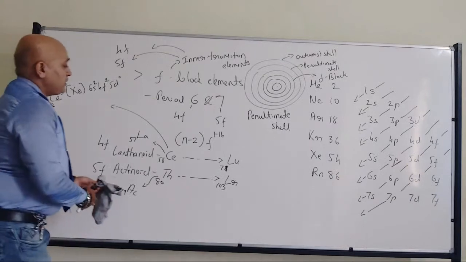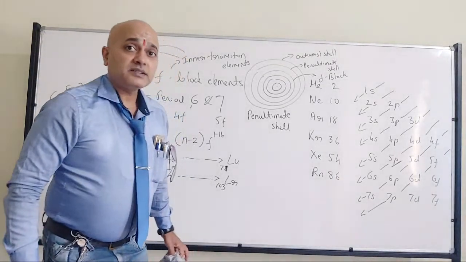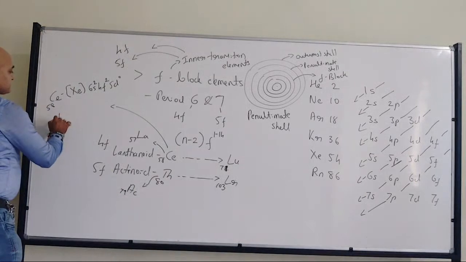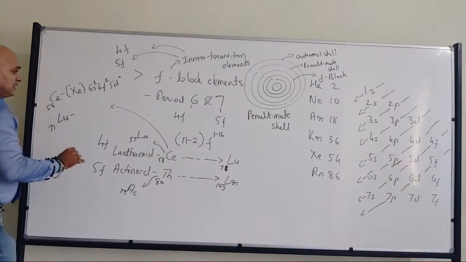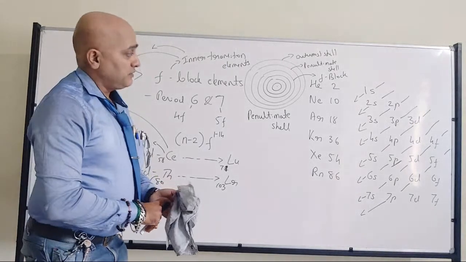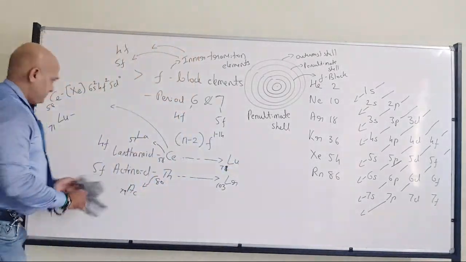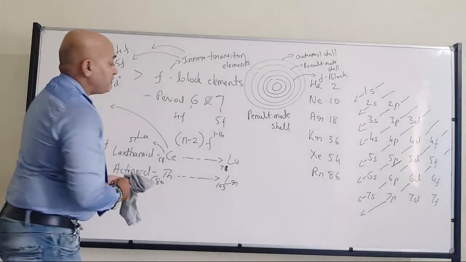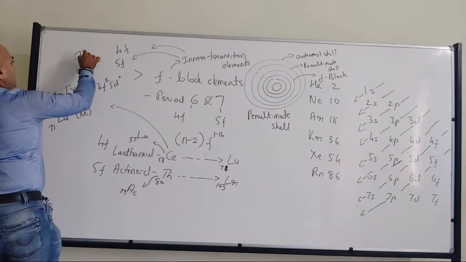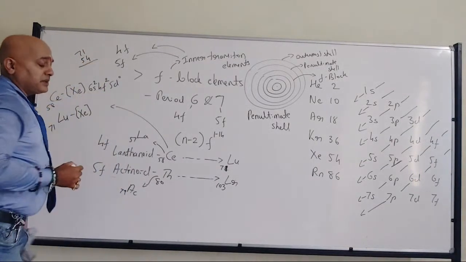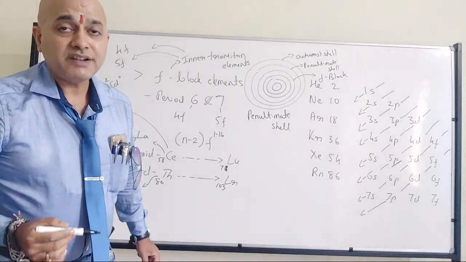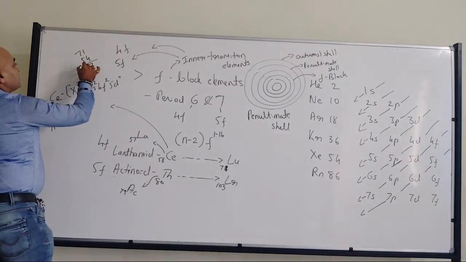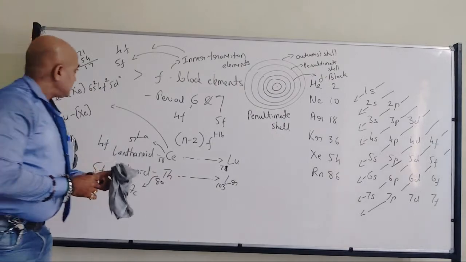Okay? Now, if I want to write the electronic configuration for lutetium, lutetium is 71. Naturally, as I told, for the lanthanide series we can go with xenon only. Now 54 for xenon, so 71 minus 54, how much will it be? 17. So we have to accommodate 17 electrons.